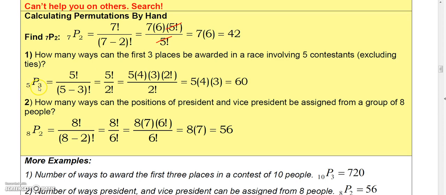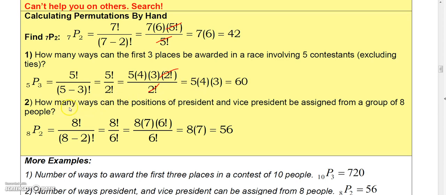So 5P3 would be 5 factorial over 2 factorial. If I want to use my cancellation here, I can write this as 5 times 4 times 3 times 2 factorial, and then I can cancel the 2 factorials and just calculate 5 times 4 times 3, which is 60.